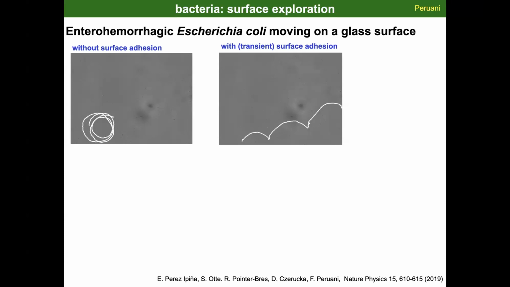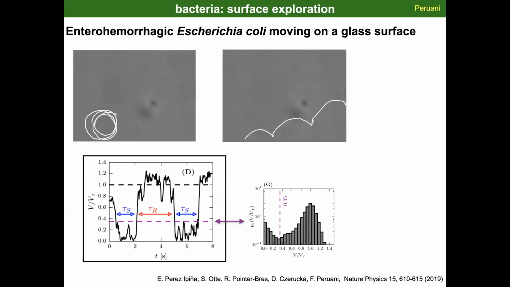Because the bacterium is performing these stop events, what we can do is look at the evolution of the speed of the bacterium as a function of time. If we do that, what we observe is a kind of flip-flop signal, in the sense that the speed is high, then goes low, up again, and so on, as you can see here in this slide.